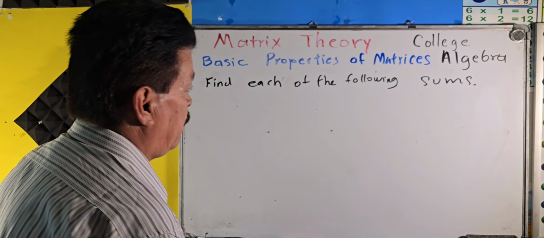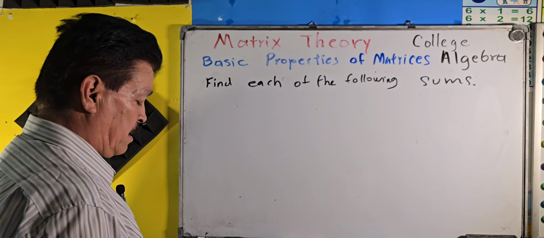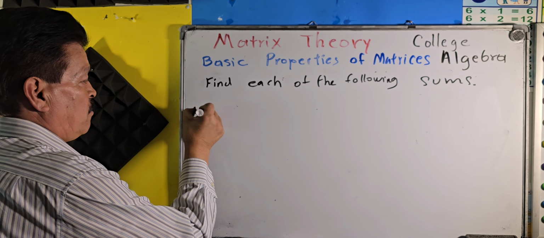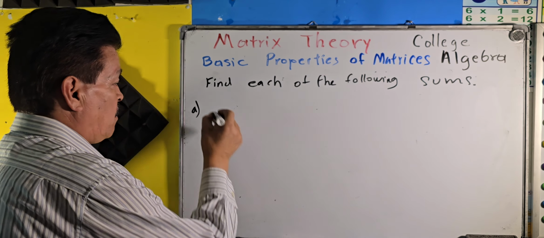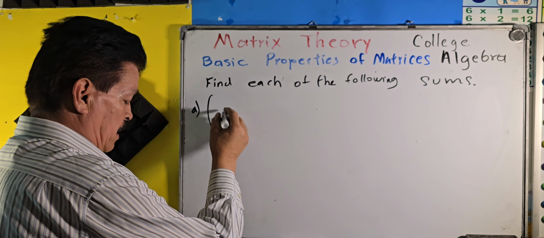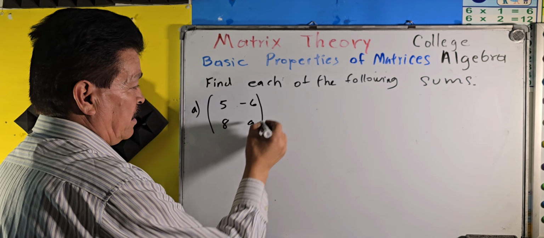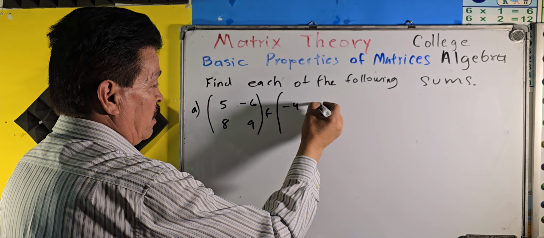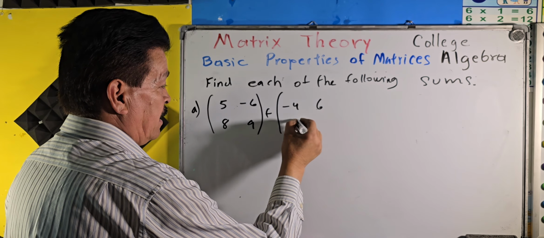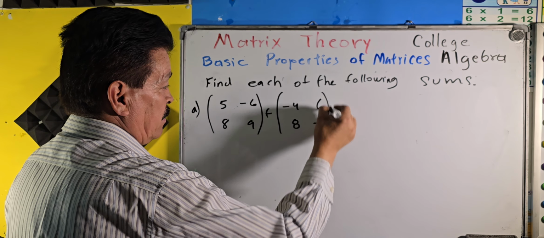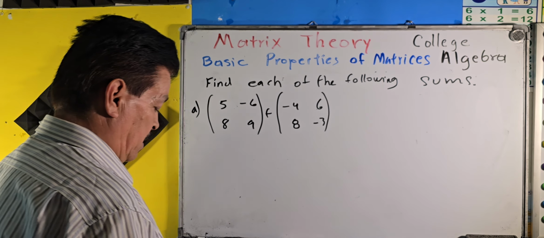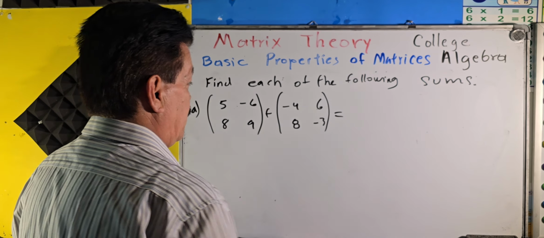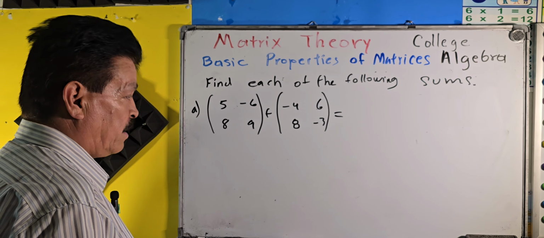I will give you a couple of problems. First problem. Let me write 5, -6, 8, 9. We have to add this matrix with -4, and then 6, 8, and -3. So how do we add?